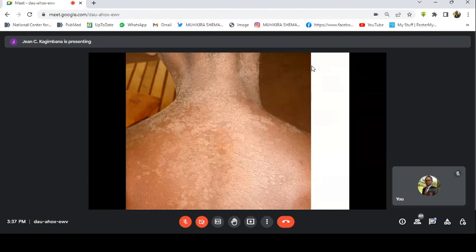What do you see? Different from the normal skin. The normal skin is here, for example. But here, you can see there are plaques, there are patches, what are they? What do you see? White?